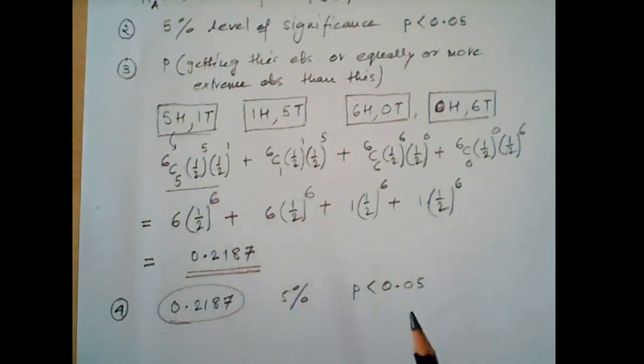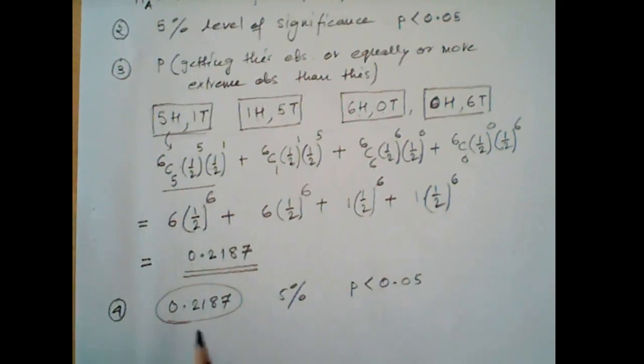And so in that case, you basically say that if the null hypothesis is true, because that's where we all started, then the probability of me getting the observation under consideration or an equally or more extreme observation than that is 0.2187. And that probability is not so low that I will say that there has to be some underlying reason, which is why I got 5 heads and 1 tails.